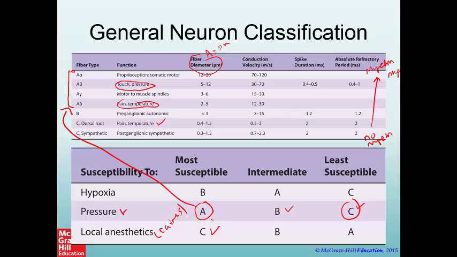Usually, though, dentists will give you a whopping dose of Novocaine. Some dentists are very good. They'll give you a little bit at a time till they dull the pain. Most dentists find it easier to just kind of give you a pretty good dose of Novocaine. And that will also affect the A fibers, the larger fibers. So these touch and pressure fibers, which will give you numbness, right?